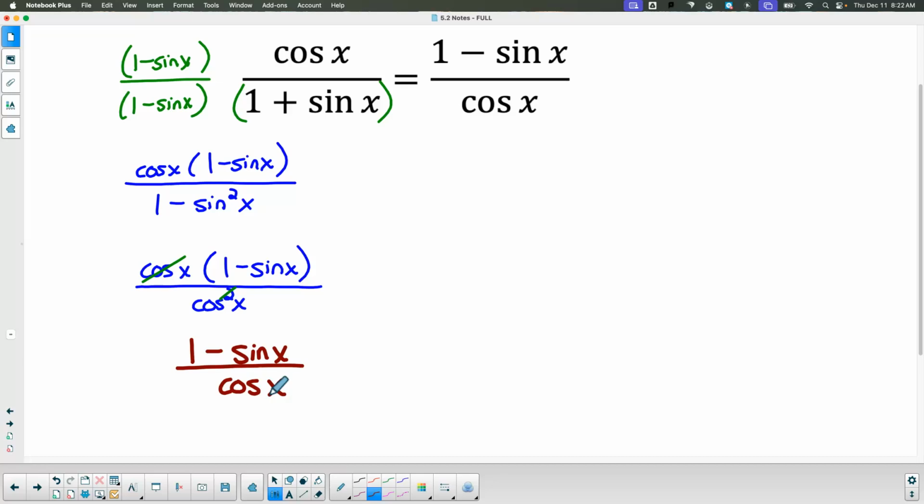If I'm doing the other side, I would multiply by cosine of x over cosine of x.